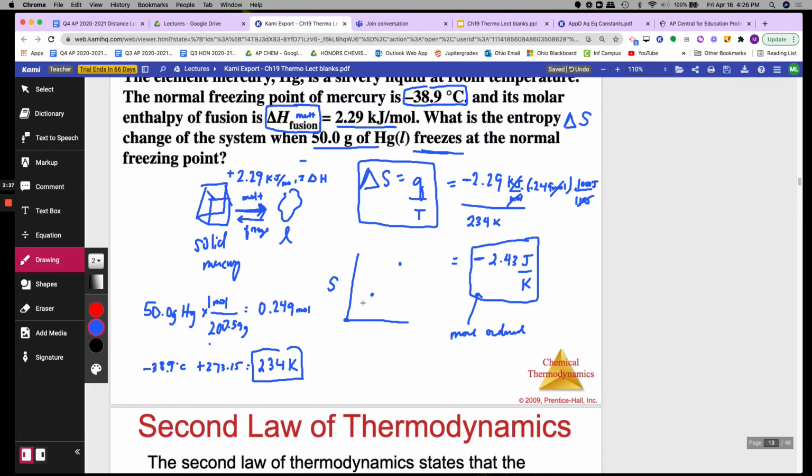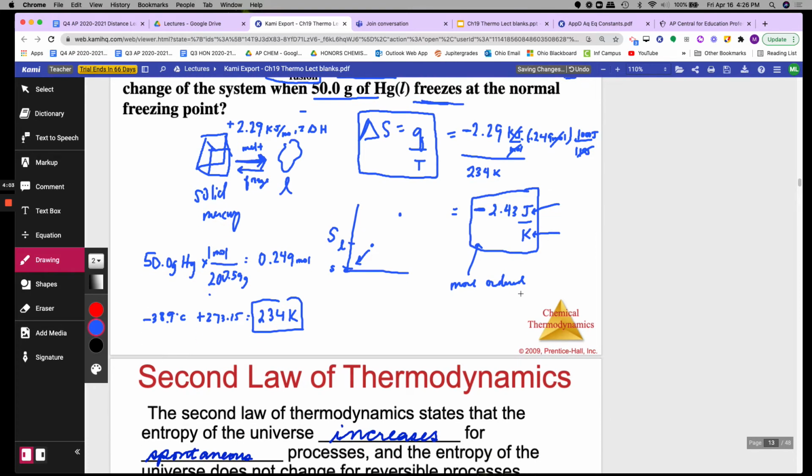So if this is solid and this is liquid, it's going down in entropy, that means it's negative. That means it's becoming more ordered, going backwards this way. And this is the amount of heat that flows at this temperature, and that's what entropy is, quantitatively.